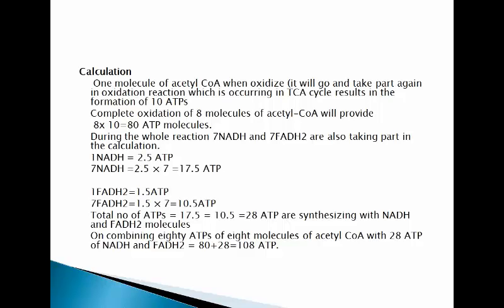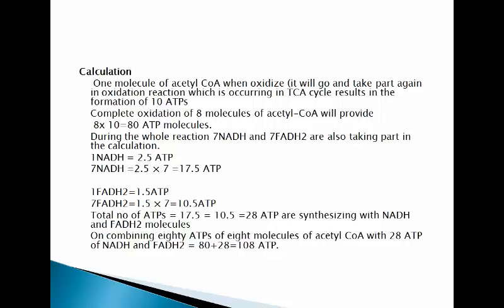So 1 molecule of acetyl-CoA, when oxidized, will take part in oxidation reactions in the TCA cycle, which will result in the formation of 10 molecules of ATP. So complete oxidation of 8 molecules of acetyl-CoA will provide 80 molecules of ATP.